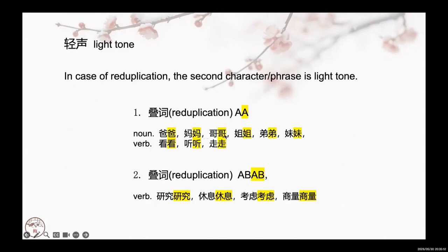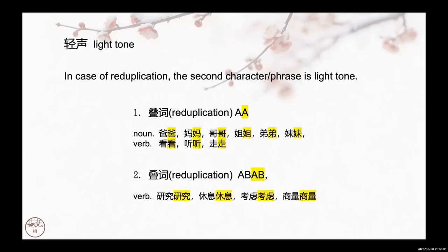哥哥, 哥 is brother, older brother. We say 哥哥. 姐姐 means older sister. That's not a native way to speak it. Instead, we say 姐姐, the second 姐 is lighter, right?